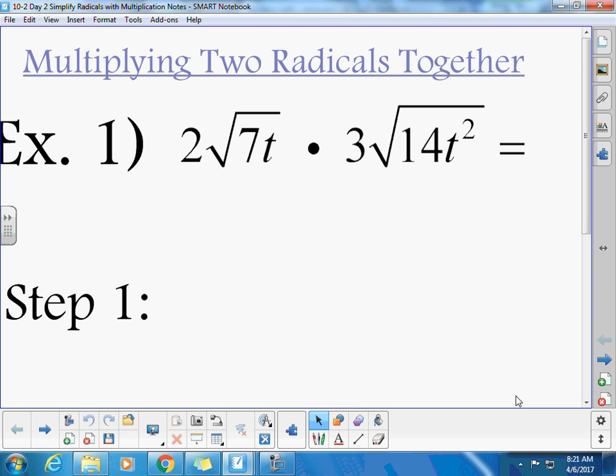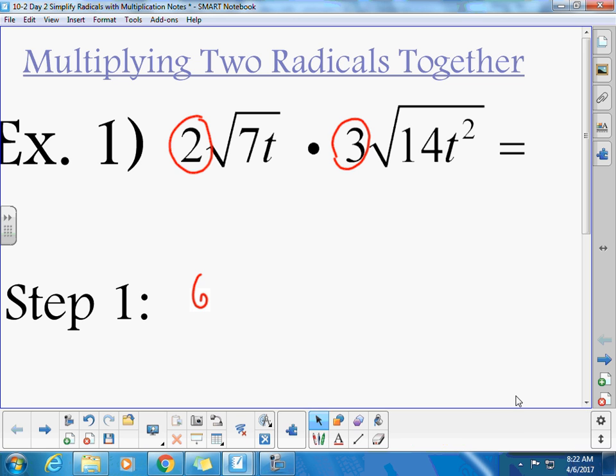So, step 1, I just say we multiply the numbers times the numbers and the radical part times the radical part. When I mean numbers by numbers, I just mean these numbers that are not under a radical. So 3 times 2 is 6.